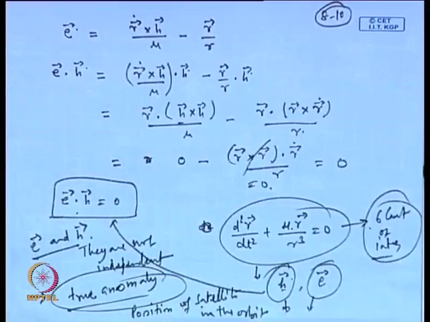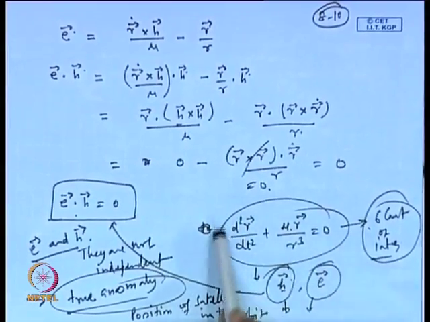So, overall the conclusion is that for this two-body problem, the absolute motion we cannot describe, because we are able to identify only 10 constants of integration, but it involves 12.